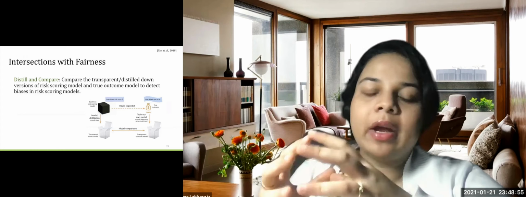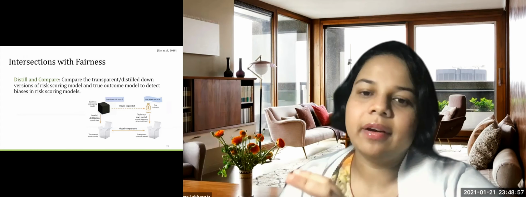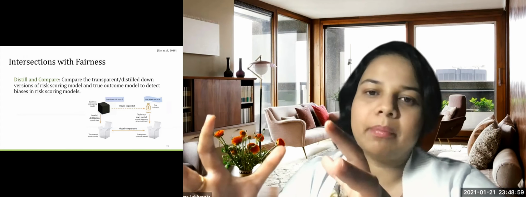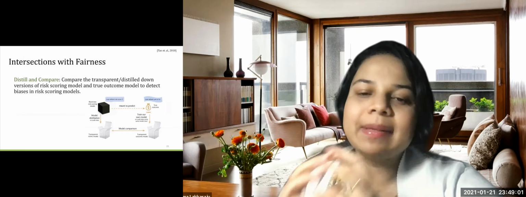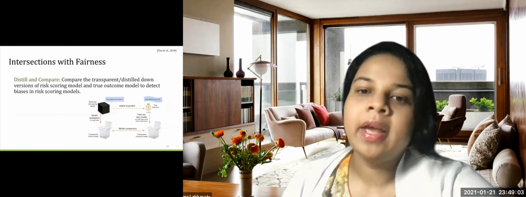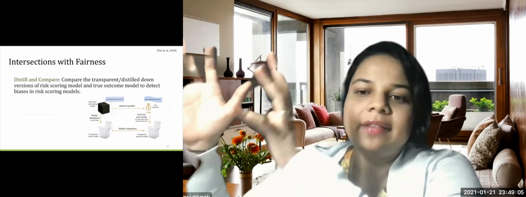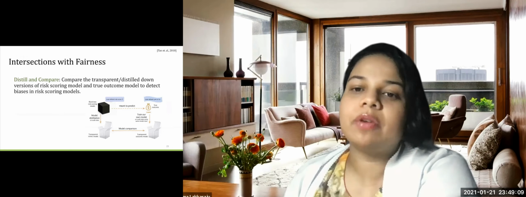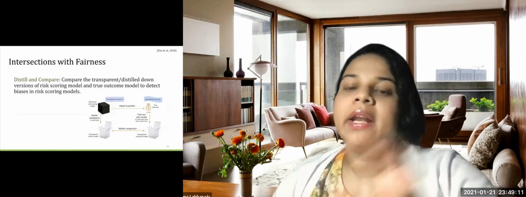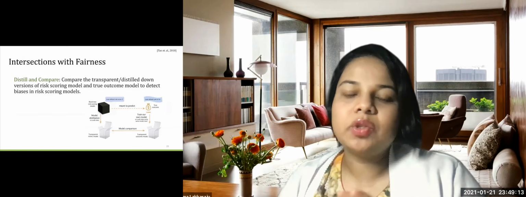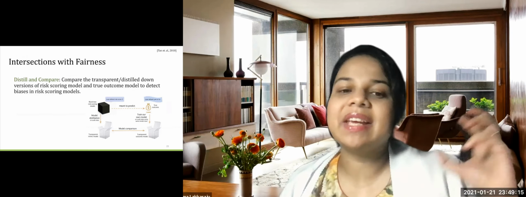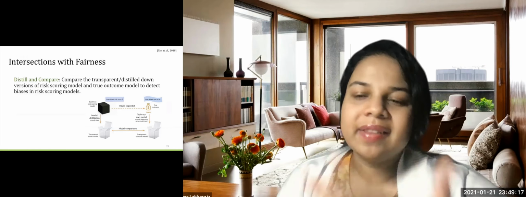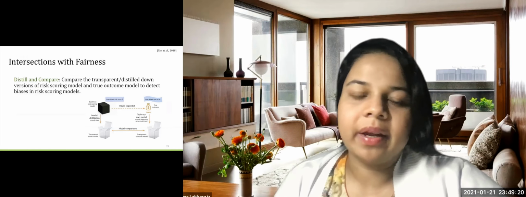We first carry out model distillation like we studied earlier and approximate this black box model using a simpler interpretable model. Okay, and then you basically take the true outcome or the data and then fit the same class of simple interpretable model. Now you compare these two models to basically detect biases in the black box model. Okay, that's a technique that has been proposed by Tan et al.